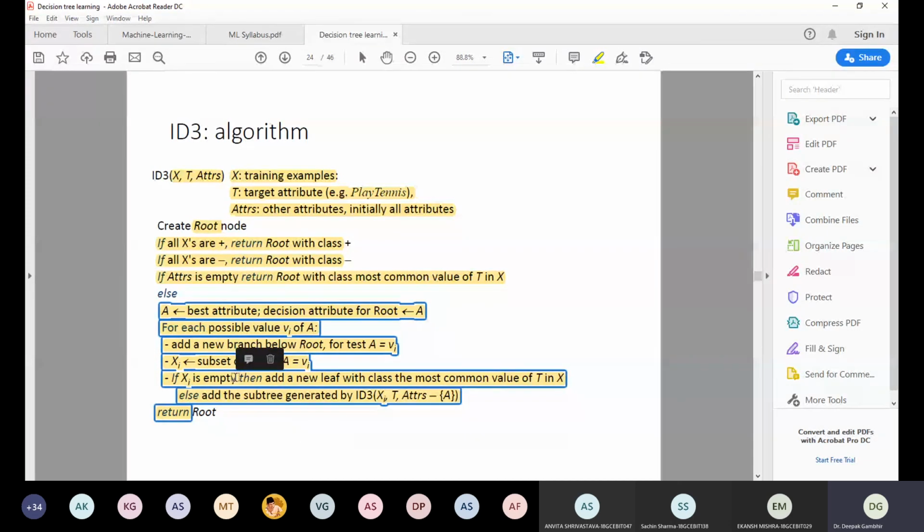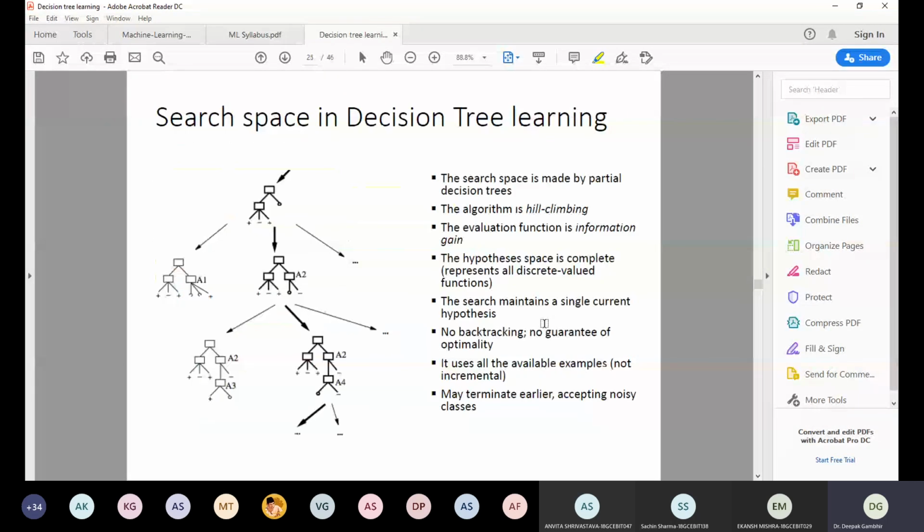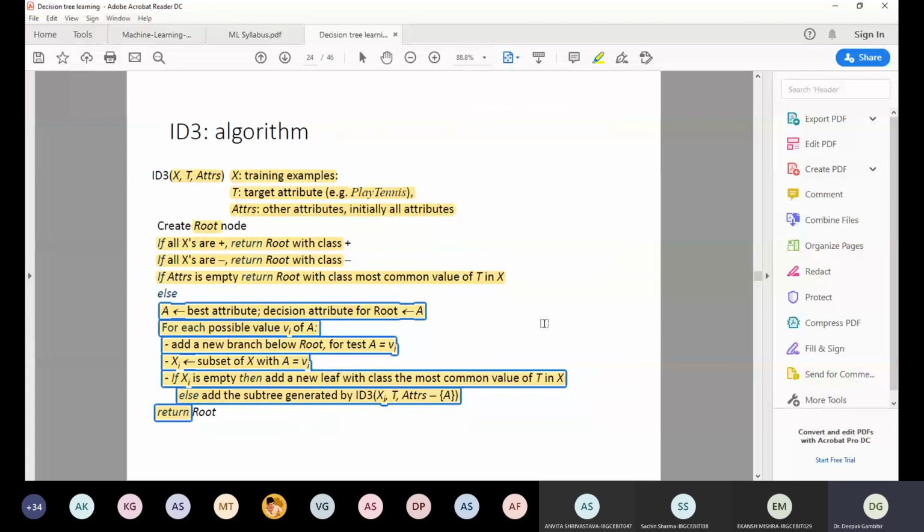So if xi is empty, then that is the leaf node. Otherwise, it keeps on adding the subtree. So this is the algorithm that you need to consider in the case of the ID3 algorithm.